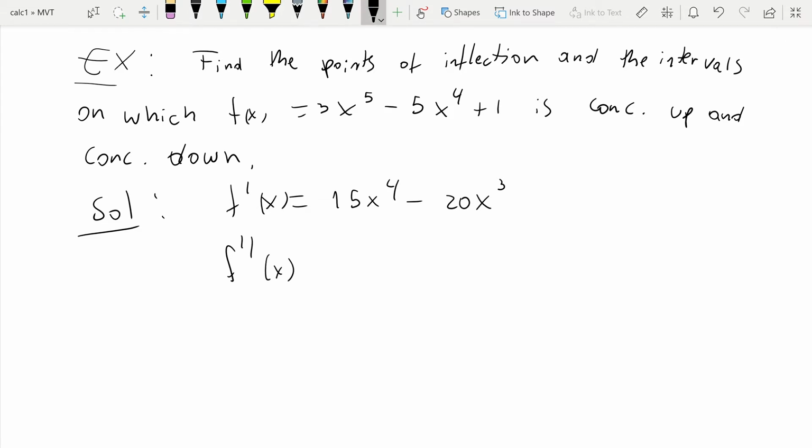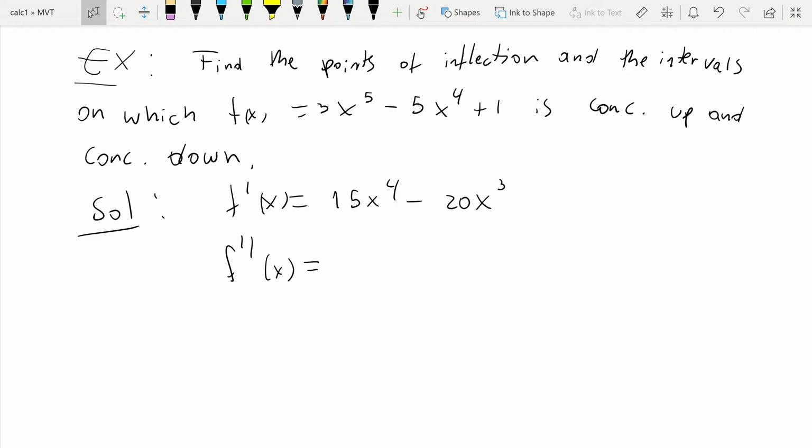Remember, we cannot draw any information about concavity from f prime or from f, just from f double prime. If you know that f prime is increasing, you know that the function is concave up, but knowing the sign of f prime doesn't tell you anything about the concavity of the function.